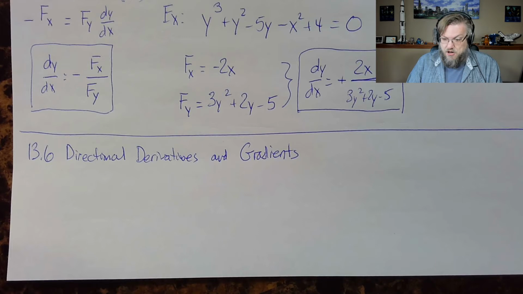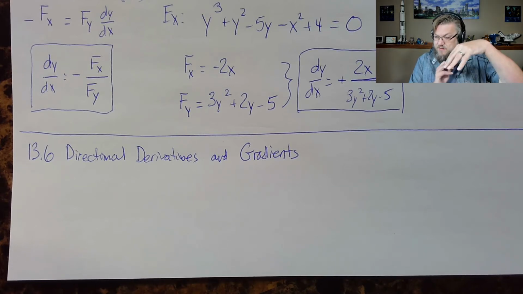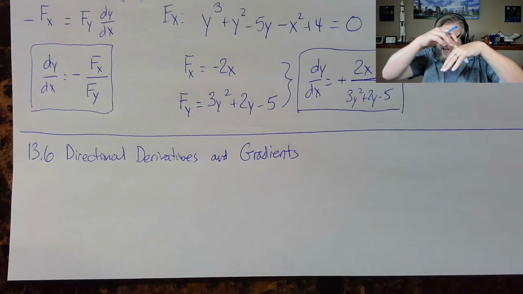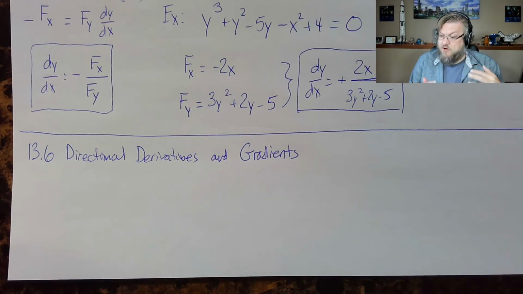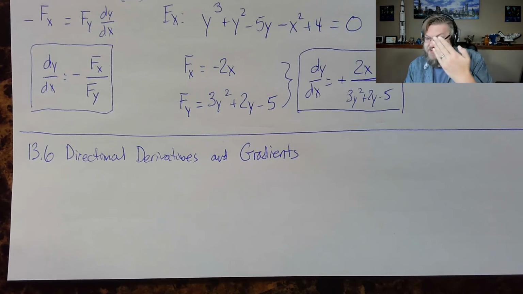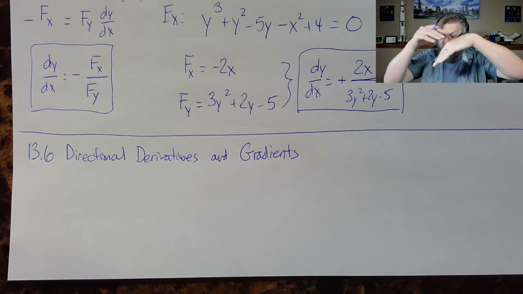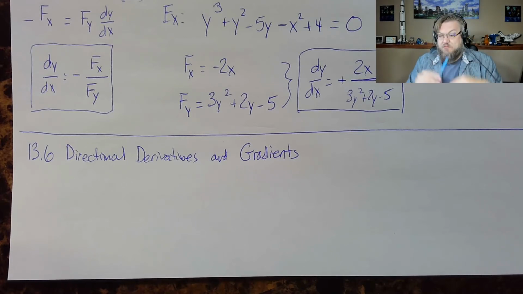I've been hinting at this all along: when you're standing on a hill, on some sort of surface, and you look around, we already know that the slope in the x direction is the partial derivative of that function with respect to x. And if I look in the y direction, what's the slope of the surface there?